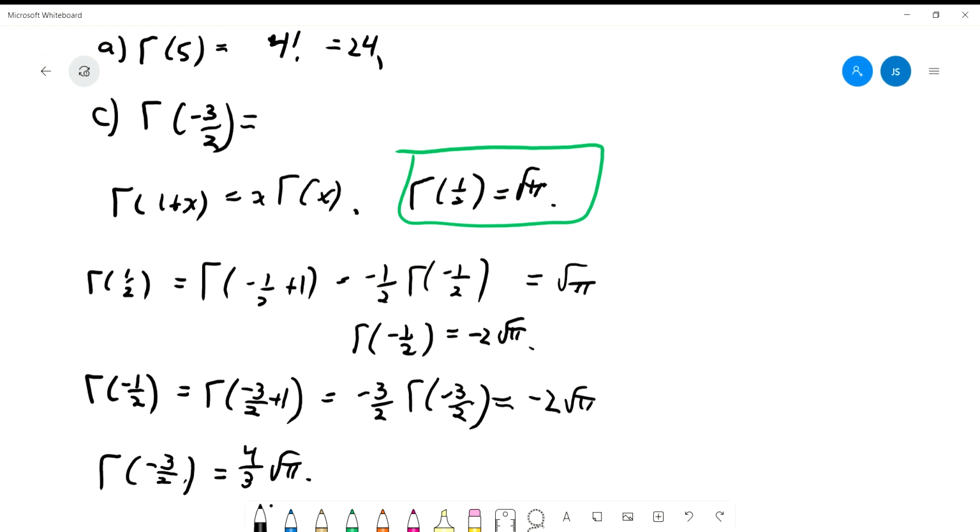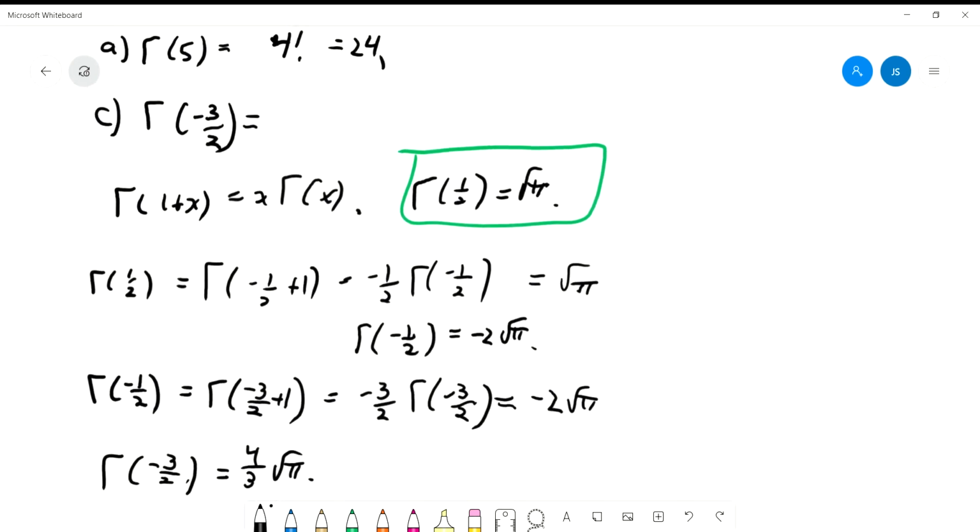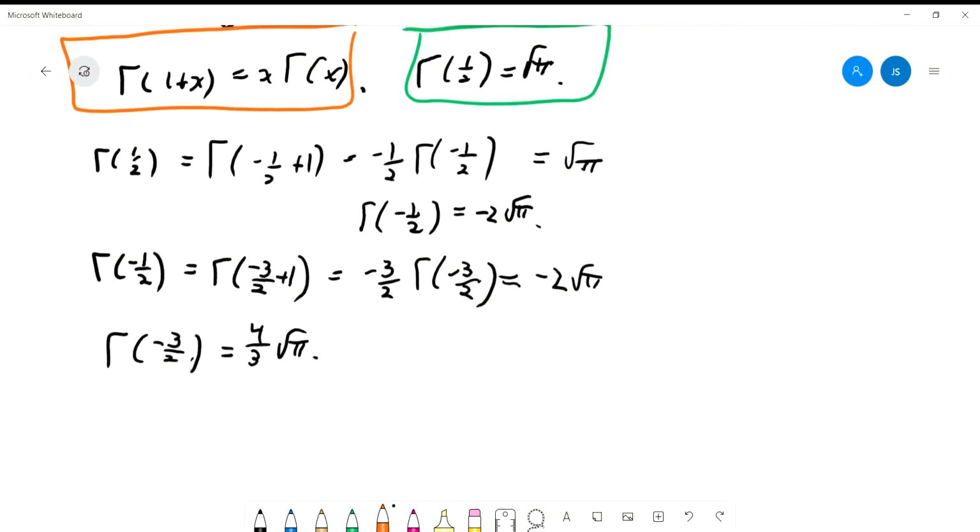All we really needed to do was use this formula right here, just like we did just now to find gamma of negative 3 halves. We can write it in terms of gamma of negative 1/2, which we can write in terms of gamma of 1/2, and now that's a positive number, so it's defined by that integral. All right, that was number 1 from the appendix section.